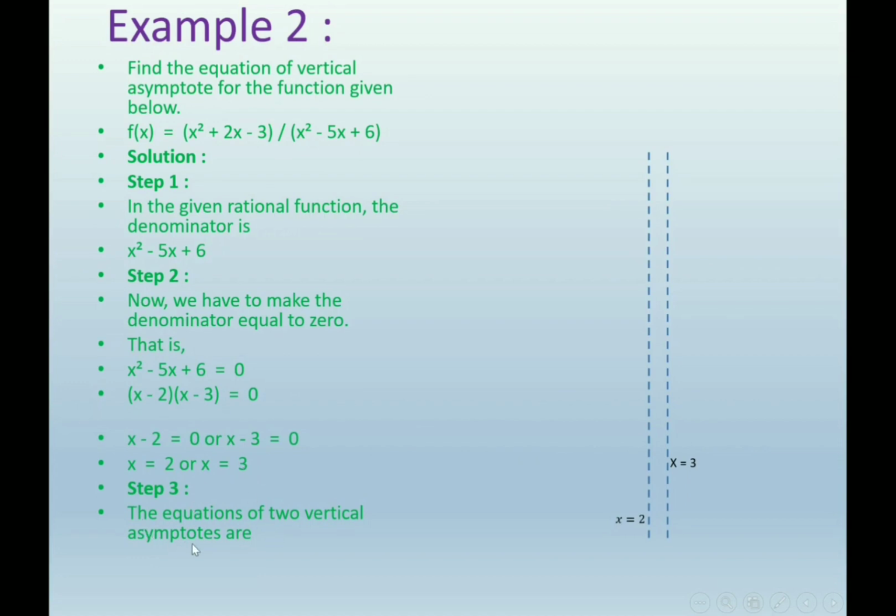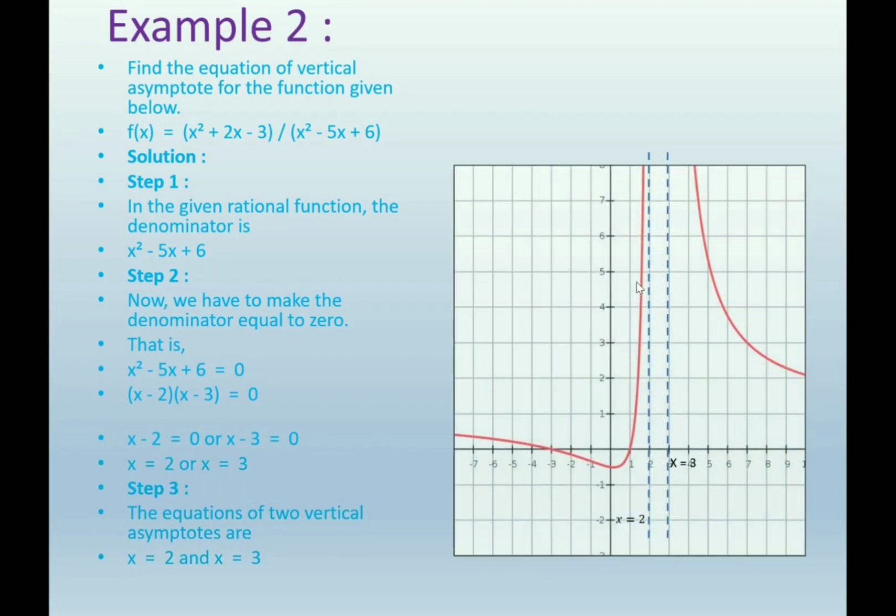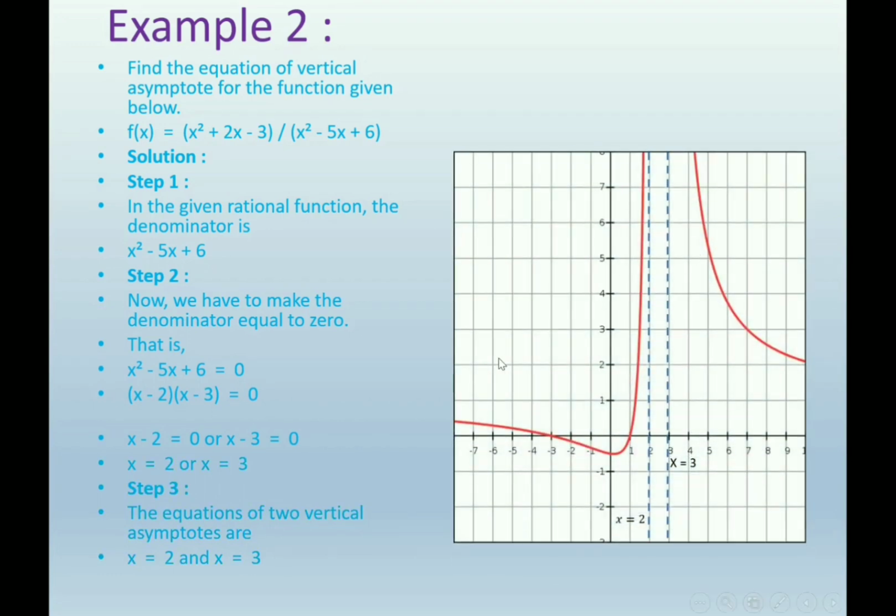And that will give you, in the third step, the two vertical asymptotes, which are x equals 2 and x equals 3, which can be represented in the graph this way. x equals 3 and x equals 2. Have a look at the curve.